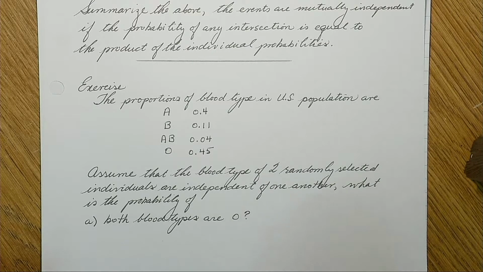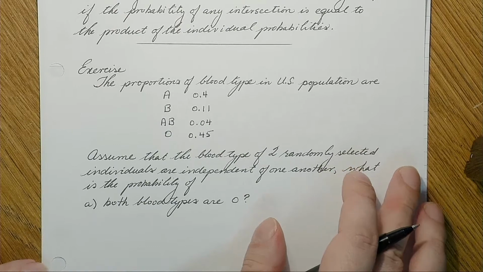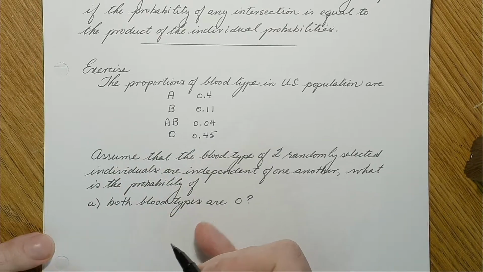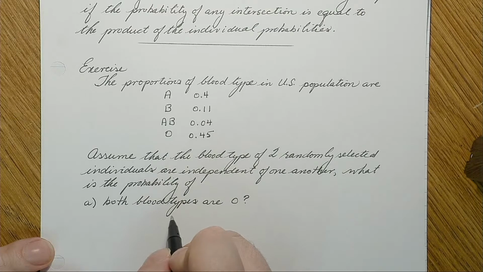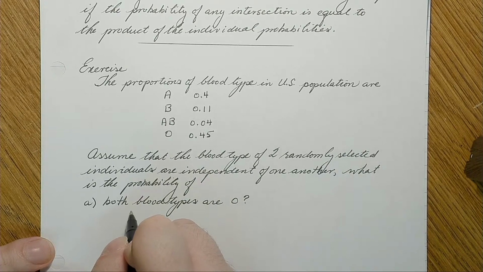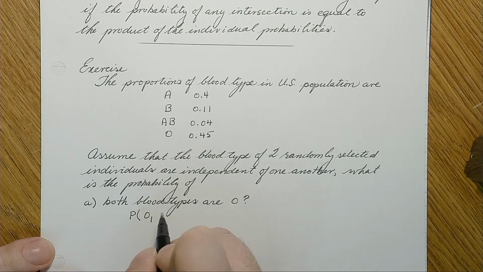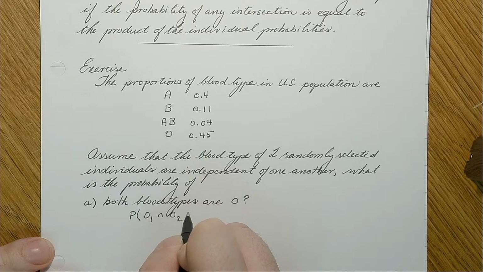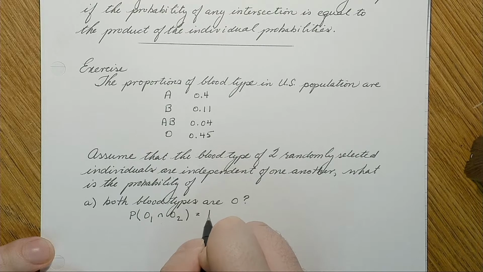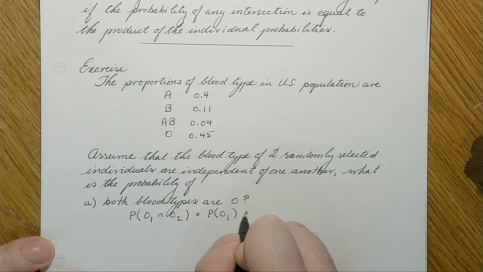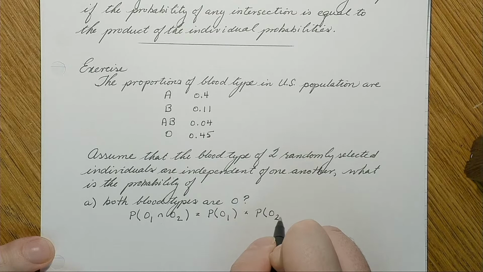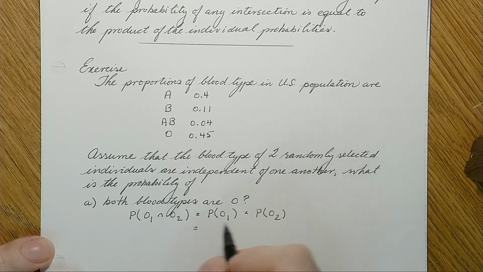Yeah. So what I would say is then it's the probability of O1, I put O and then like a little 1 down here, and then the second person would be the probability of the second person being O, so 0.45 times 0.45.